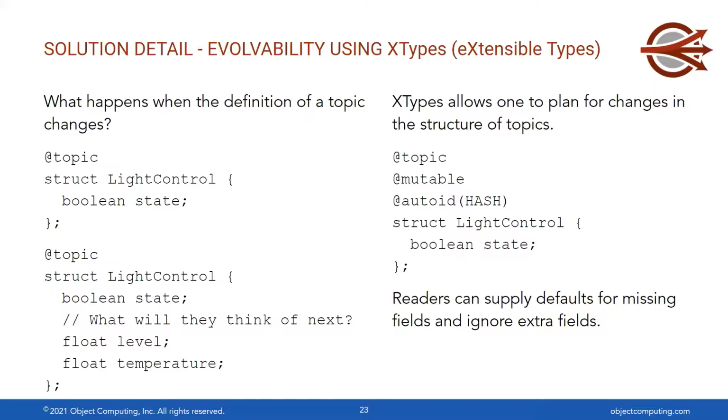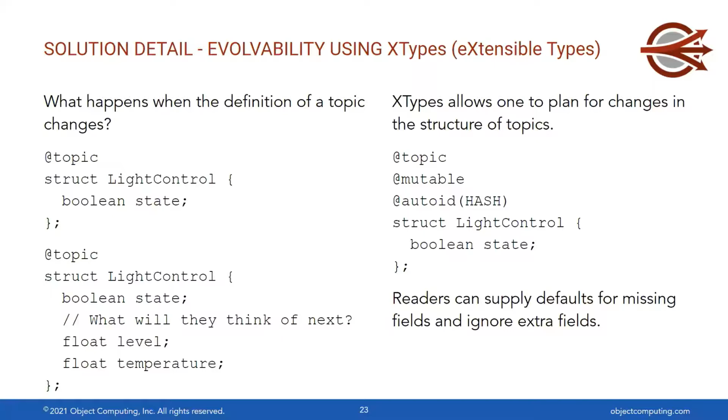So by using a DDS spec and technology that's implemented in OpenDDS called Extensible Types or XTypes, we can plan for changes in the structure of the topics. So in this particular case, we annotate our topic saying that it's mutable, meaning that we may add or remove members to it in the future. And we provide a way for identifying the members across changes. In this particular case, we take the hash of its name.